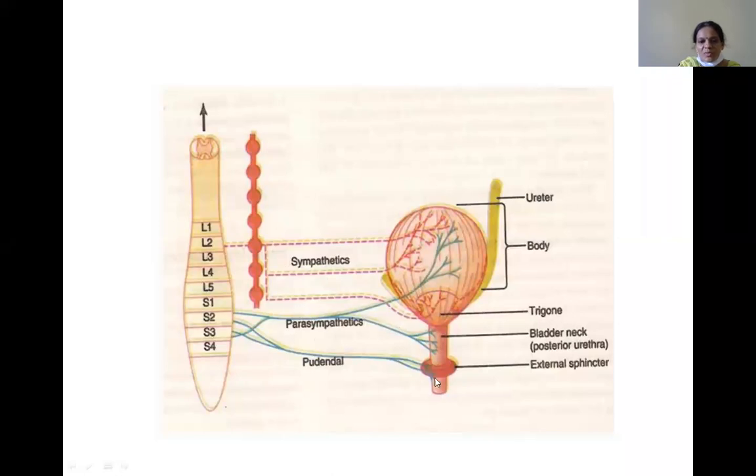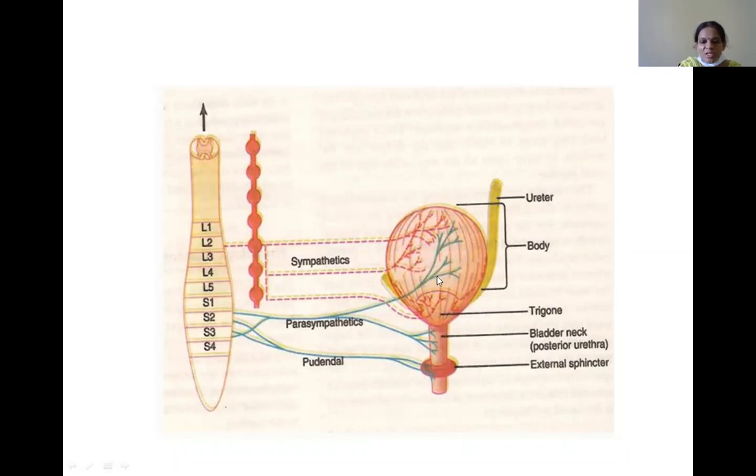And the external sphincter is supplied by the pudendal nerve, which is a somatic nerve. All these activities are modified by the higher centers in the brain, that is the pontine region and the midbrain. In the pontine region you have the facilitatory center, and in the midbrain you have the inhibitory center.